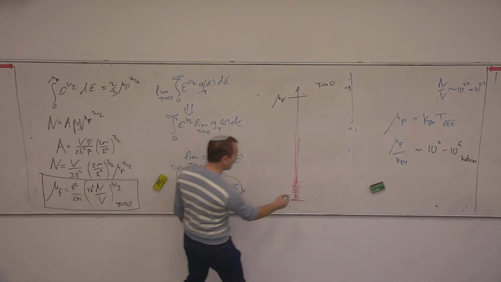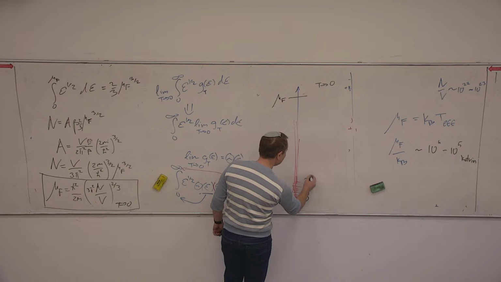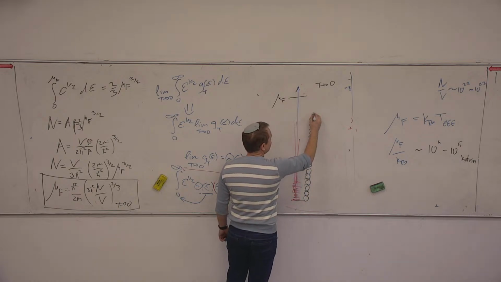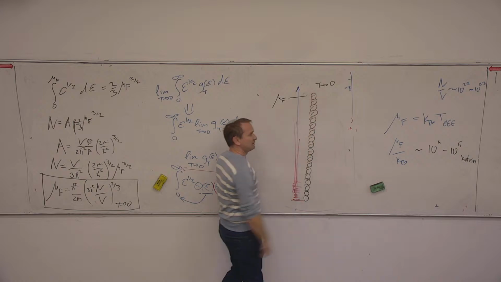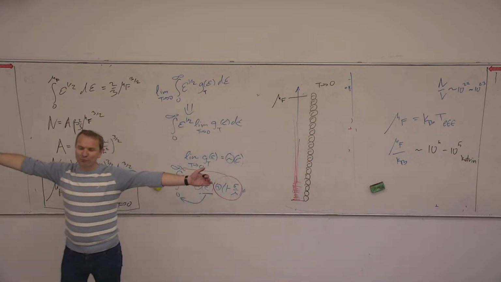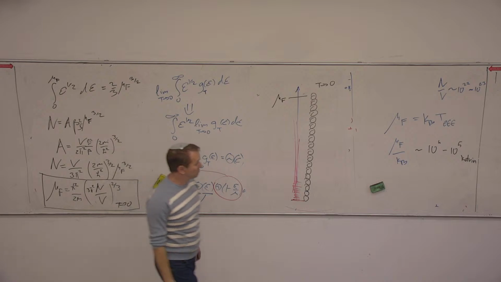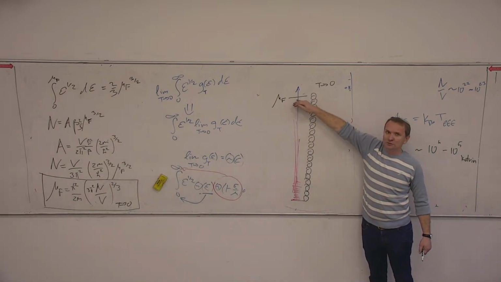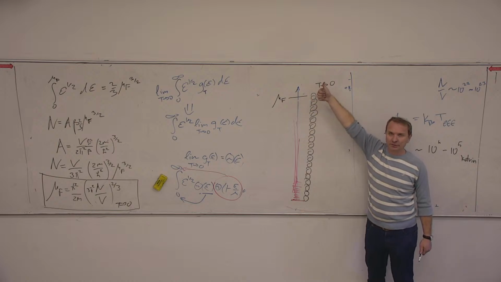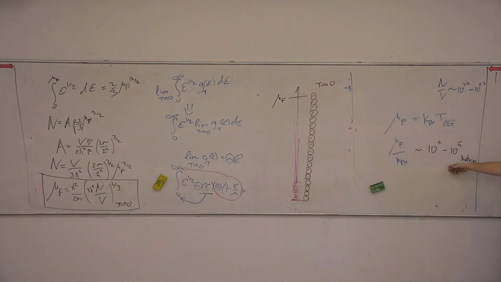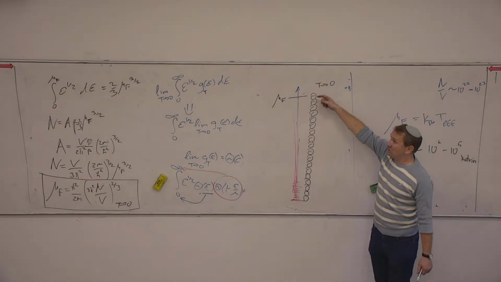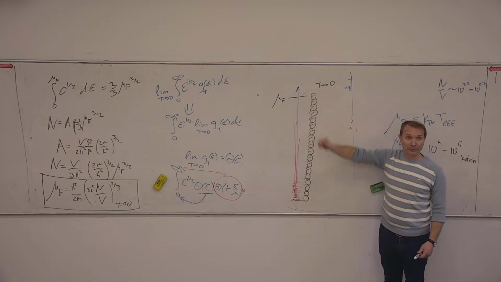So we have a lot of particles sitting on top of each other over here. Now, because we have a huge number of particles, this mu Fermi level is going to be high. So this is what we've got. The Fermi level for a realistic system with a lot of particles has an extremely high value.